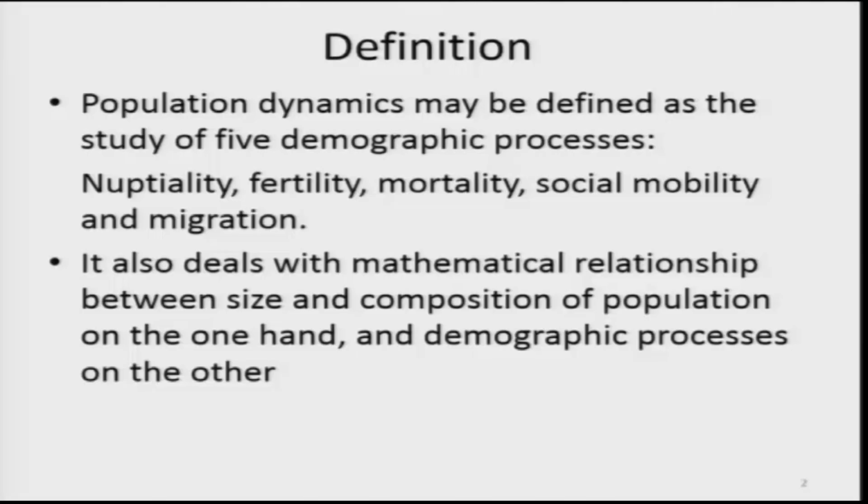Now, population dynamics may be defined as the study of 5 demographic processes. Nuptiality, which means marriage; fertility, which means birth performance; mortality, which means deaths; social mobility, assuming that a society is stratified, meaning it is layered into several classes, and these classes can be hierarchically arranged in terms of prestige, wealth and power.